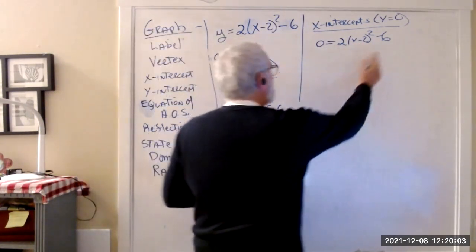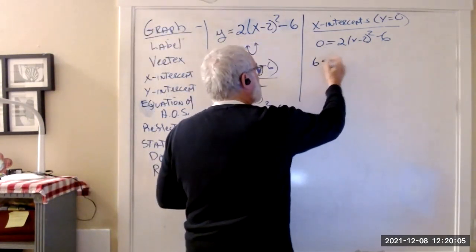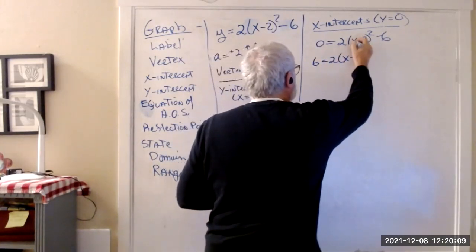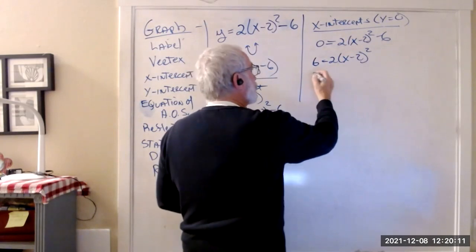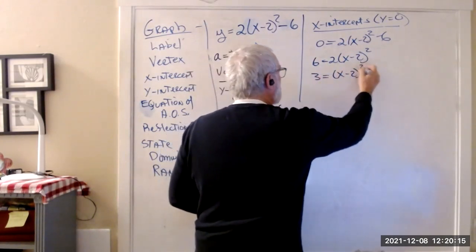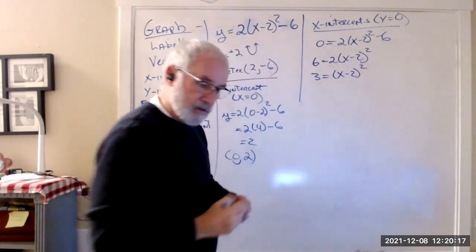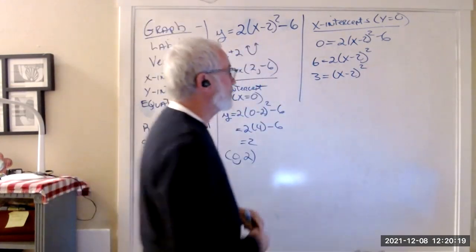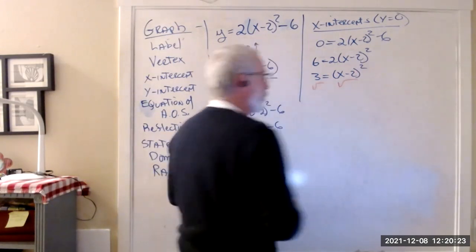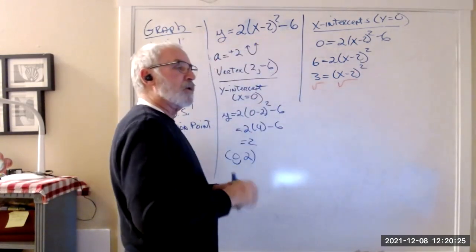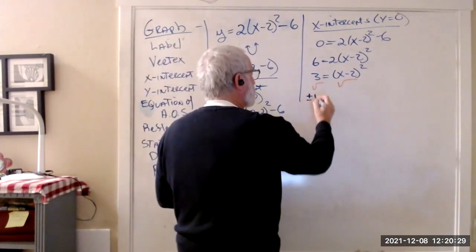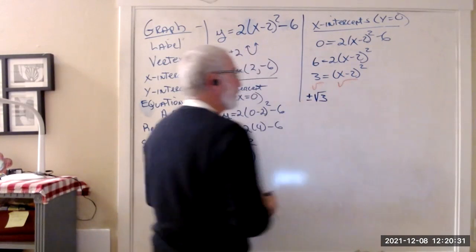Okay, if I add 6 to both sides, divide by 2, okay, now's where the tricky part comes in. To get rid of a square power, the only thing you can do is square root it. But when you do that, the square root principle says, oops, got to put a plus or minus in front of that.